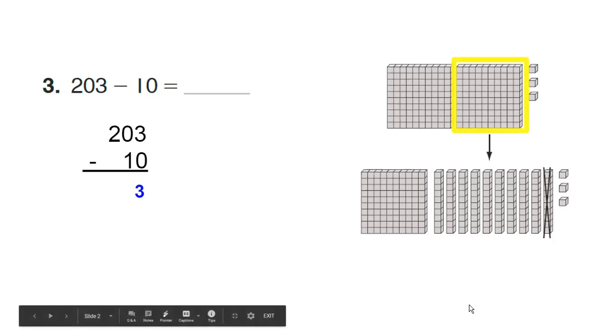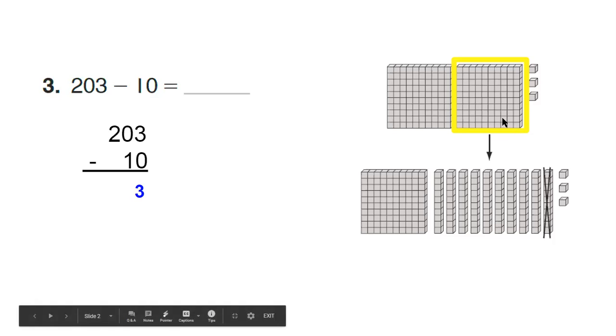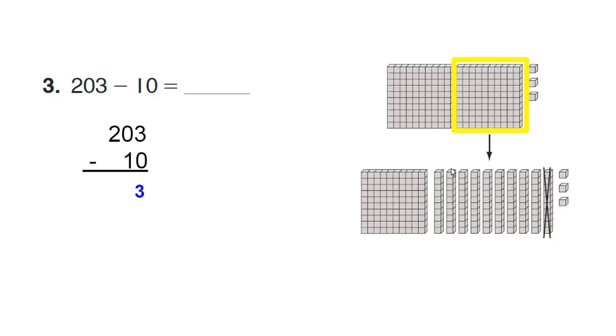If you were in the classroom, I would give you 10 sticks of 10 for a 100 block. So here's our 100 block, and I'm going to exchange it for 10 sticks of 10. It equals the same, but this way I can subtract.